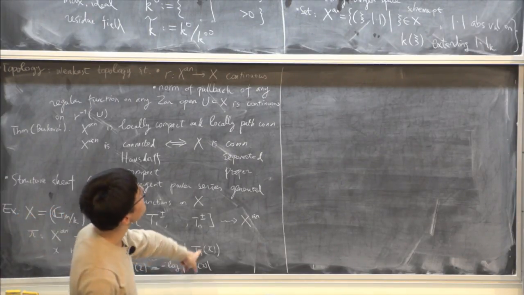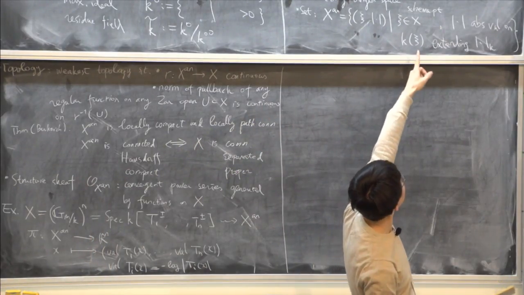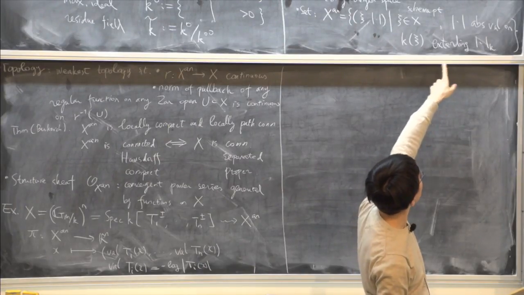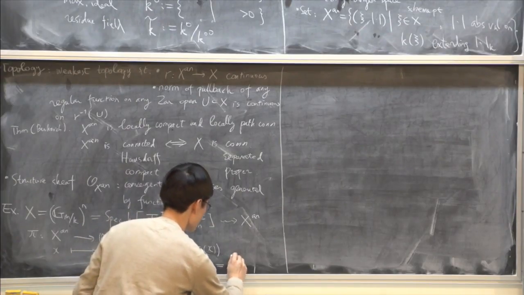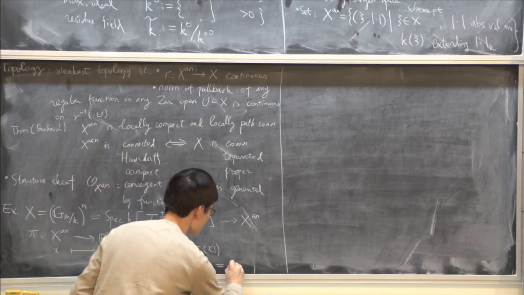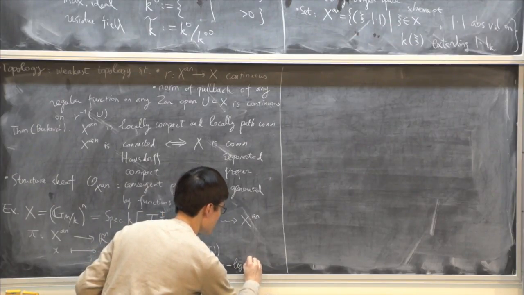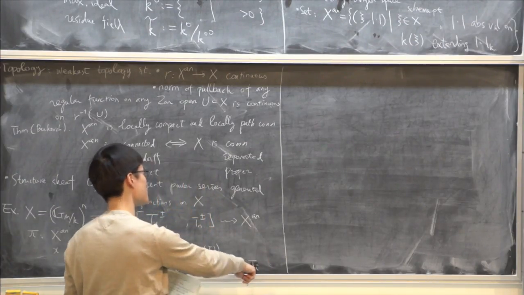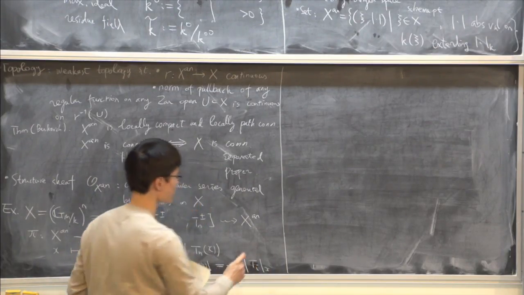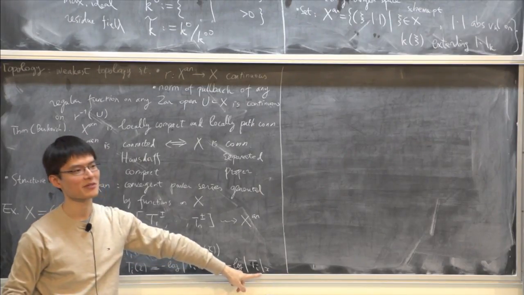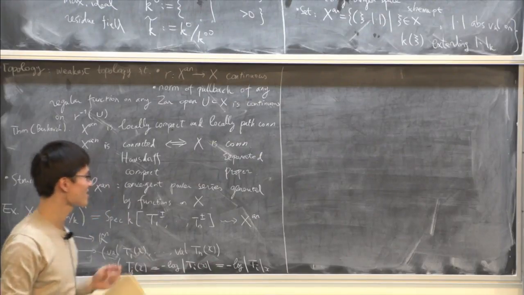We know that x, as an absolute value, corresponds to a scheme point plus an absolute value on the residue field. So the norm of ti of x is essentially that we take ti, restrict it to the residue field, and take the corresponding norm given by x. Just some rewriting of the formula.